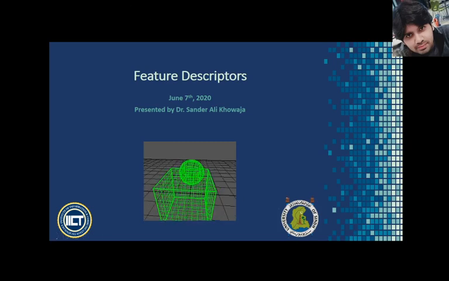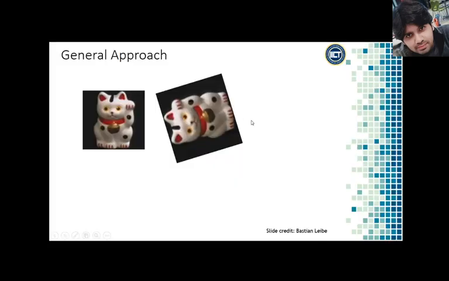So, feature descriptors. Let's say we have these two images. One is the normal image, and the second is a rotated, translated and scaled image. So there are three transformations going on. We can say that it is also representing an affine transformation with a little more scaling.